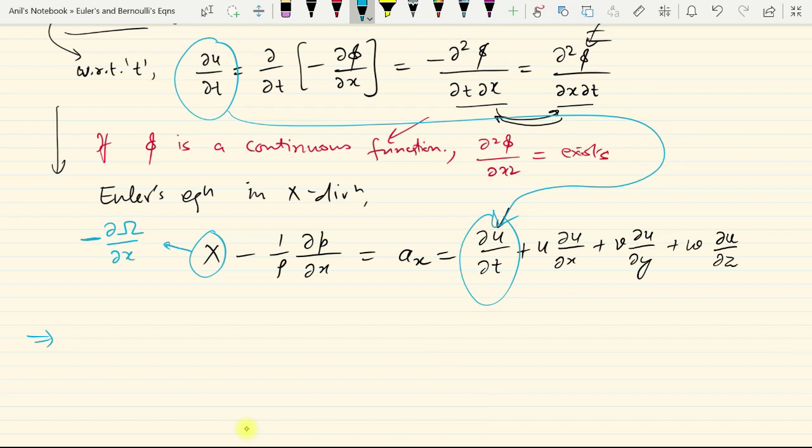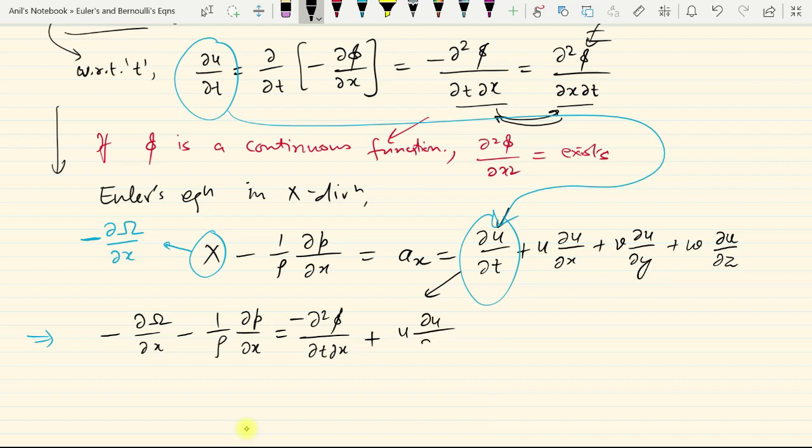So therefore the new equation will be minus del omega by del x minus 1 by rho into del p by del x is equal to, del u by del t was obtained to be, negative of it, del square phi by del t del x plus u del u by del x plus v del u by del y plus w del u by del z.